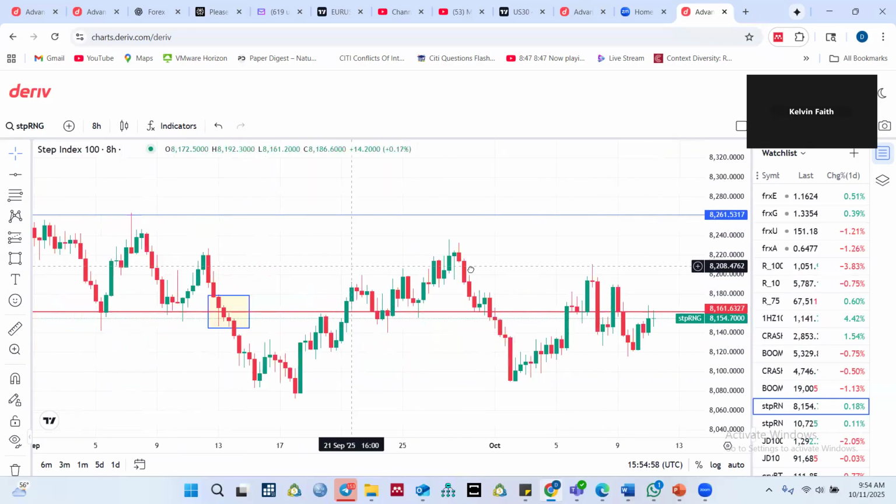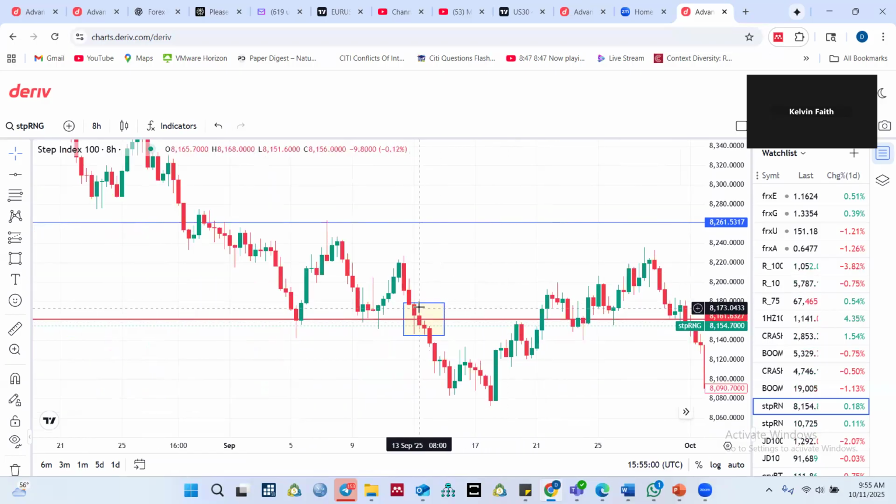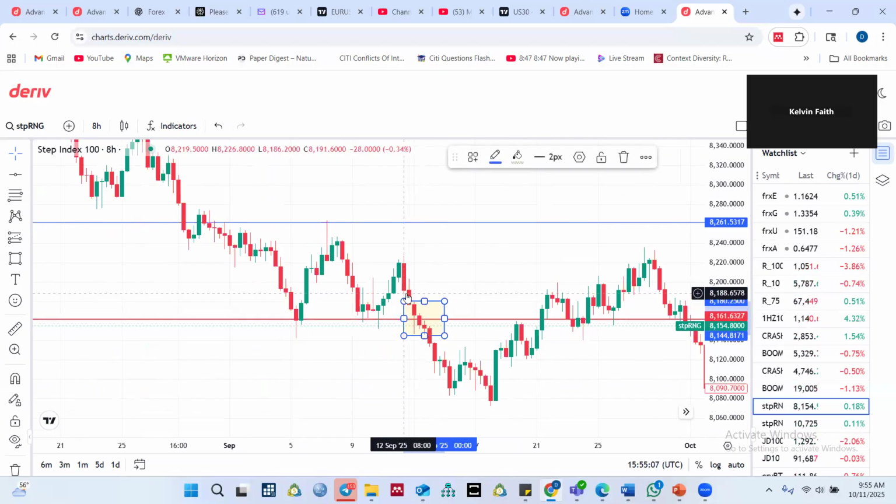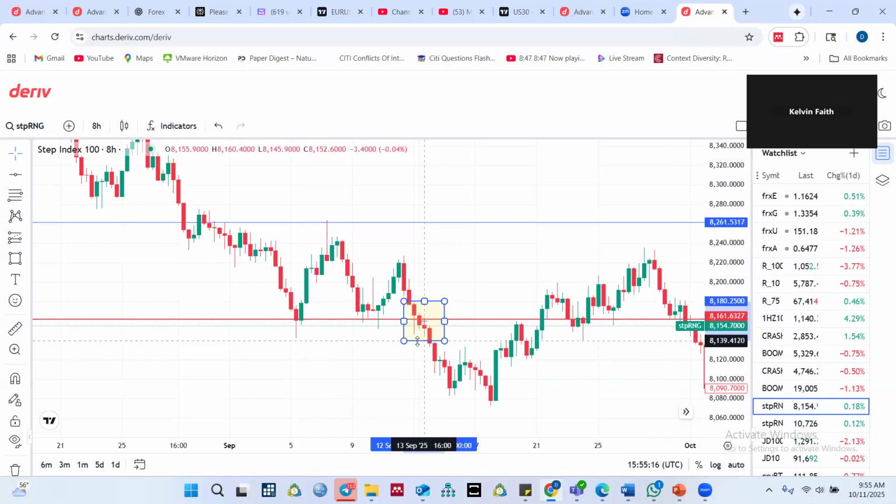But let's see here. When price came down again to the red line, we did not see any rejections. Rather, we saw consistent bearish closes. This is called indication. Even this candle hit through the red line and then came down and rejected to close above.